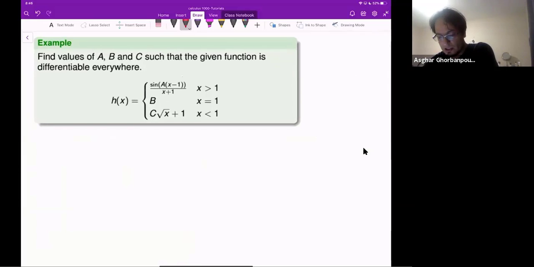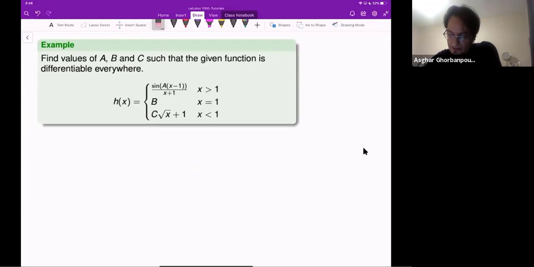Check the function. Find the values of a, b, and c such that the function is differentiable everywhere, where everywhere means for all x bigger than -1. Sorry, for everything bigger than 0.